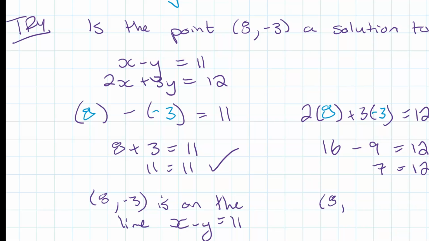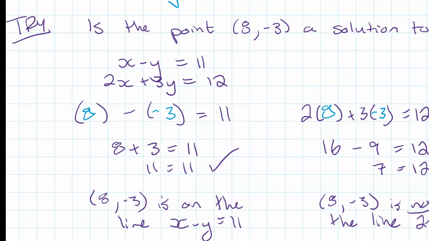So that means that 8, -3 is not on the line 2x plus 3y equals 12. It's not a solution because it's not on both lines.